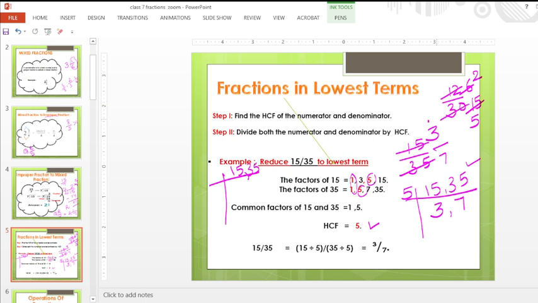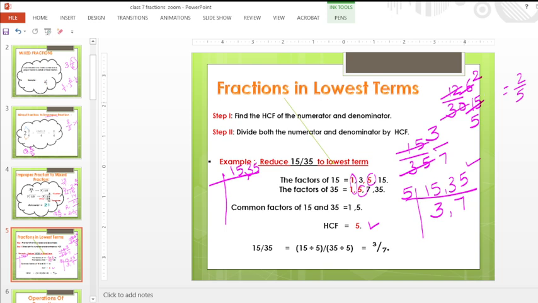So 2 by 5 in this case is the fraction which you have converted into the lowest form, the simplest form, because 12 by 30 has many common factors, right? So this has no common factor other than 1. You have converted it into lowest form. So you can do it by any method. First you can find the HCF and divide only one time. If you want to cut, then find the HCF. Otherwise you need to cut multiple times.